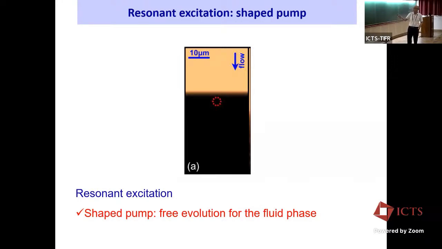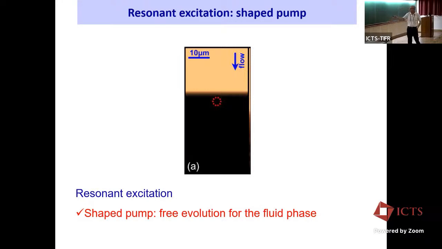We have to pump only in this region. This is the obstacle. The flow is in this direction. So during the propagation, the polariton fluid will interact with the defect, but in this region, we do not pump directly the microcavity, because otherwise we fix the phase.